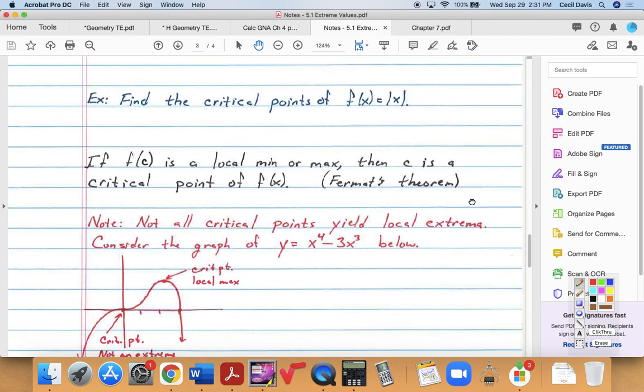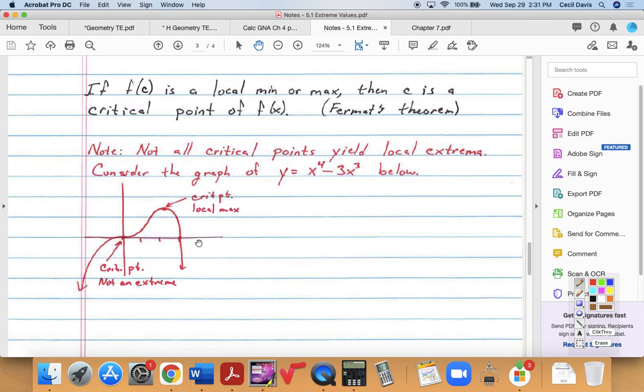So, for example, this is my hand-drawn sketch of y equals x to the fourth minus 3x cubed. Here we have a critical point at 2, which is a local maximum, but at 0, there's a critical point that is neither a local maximum nor a local minimum.